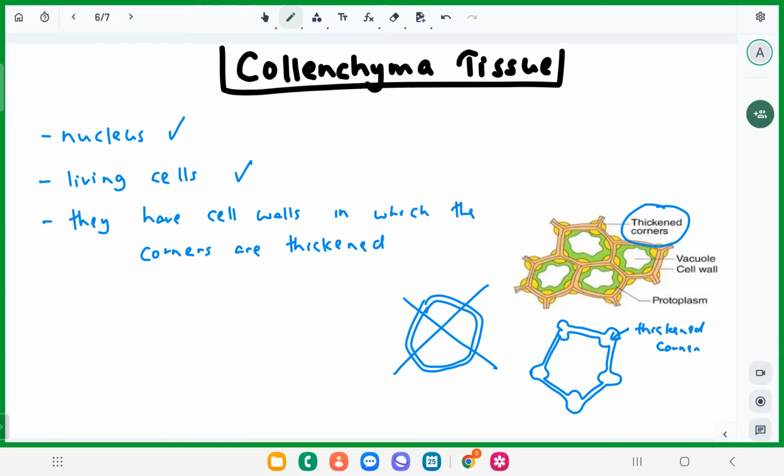So if you ever get a diagram of just cells like this, also I didn't mention that these are polygon shaped cells, right? So the shape of these cells is polygonal.